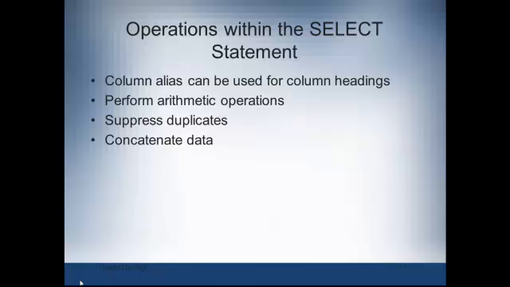An example of this that we will see is concatenating the last name field and the first name field. You can concatenate the last name and first name together and possibly put that with a column alias for customer name, and then you get the last name and the first name displayed in one column as the customer name.